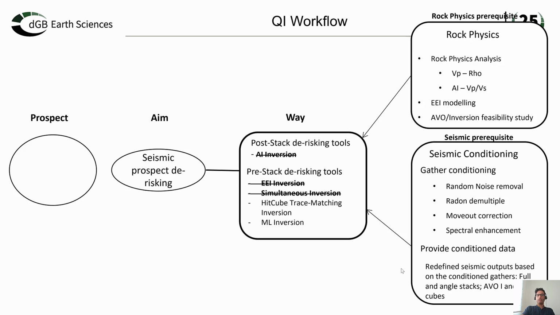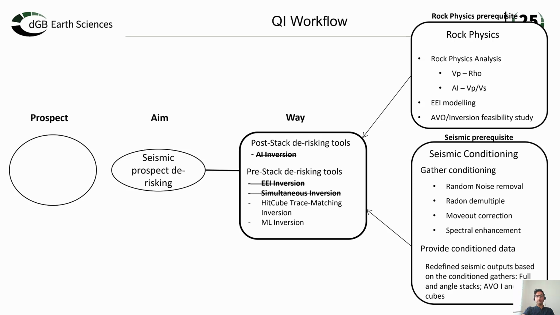However, we still have two tools available in our arsenal, which do not really need real well data to be present within the prospect or even within the seismic cube. They are obviously the HitCube trace matching inversion and machine learning inversion. And why are these two tools useful or applicable in this case?